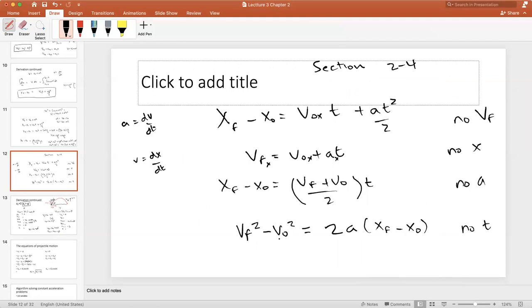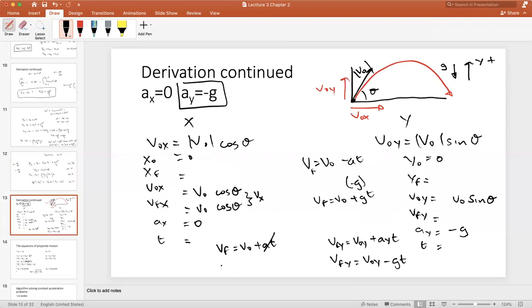It says that v final squared is equal to v initial squared in x if a of x is 0. That just tells us the same thing. So really, the only thing we have here is that x final minus x initial is equal to v of x times t. Those are the only two equations you have if you have no acceleration.